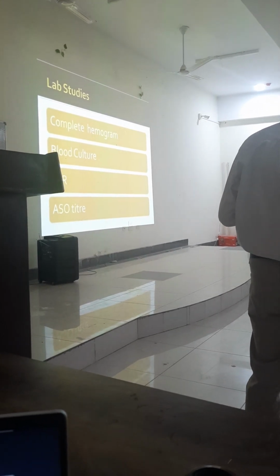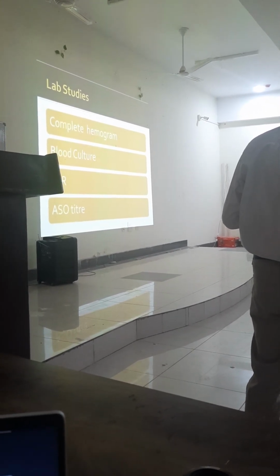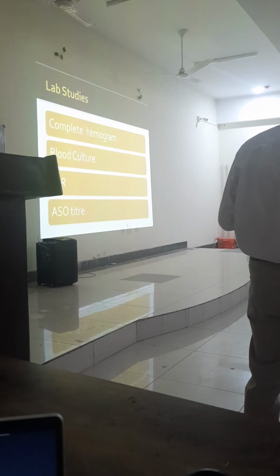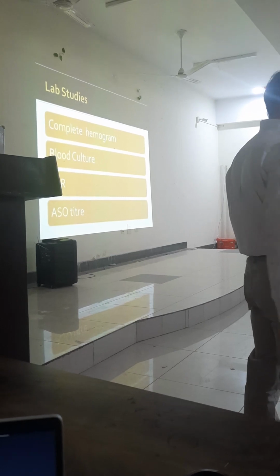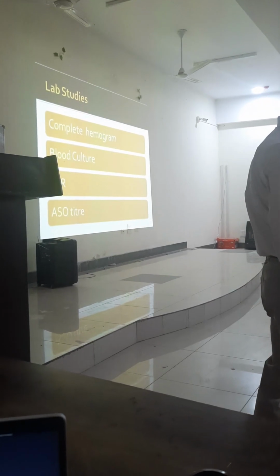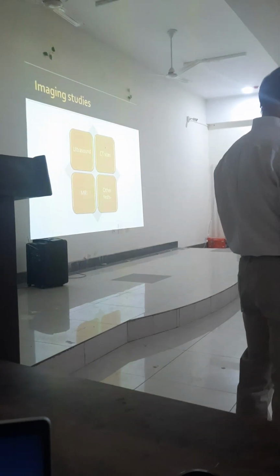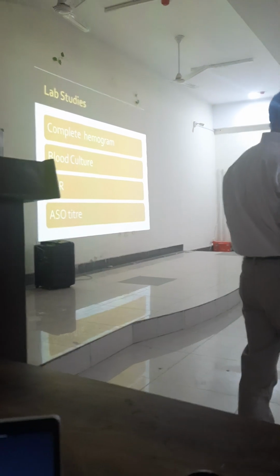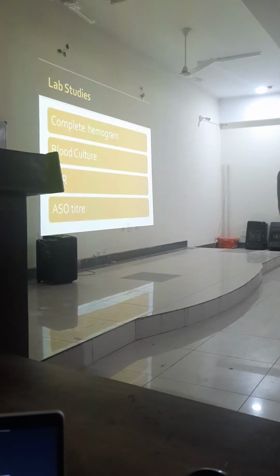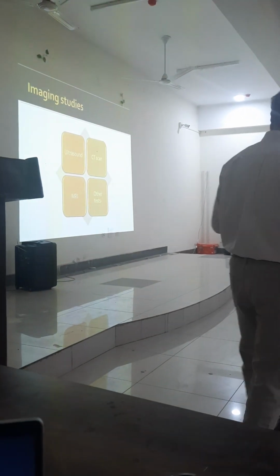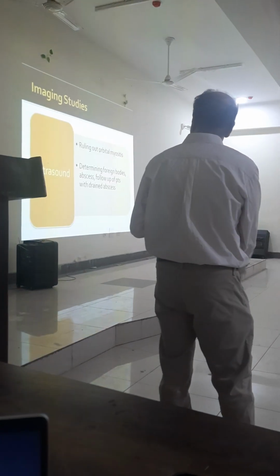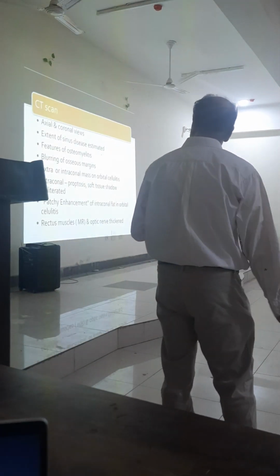These you know, these are important: complete hemogram, blood culture, ESR, and even C-reactive protein, CRP. You understand? Because that will tell us the extent of infection. Then the CT, MRI, and ultrasound. Next.